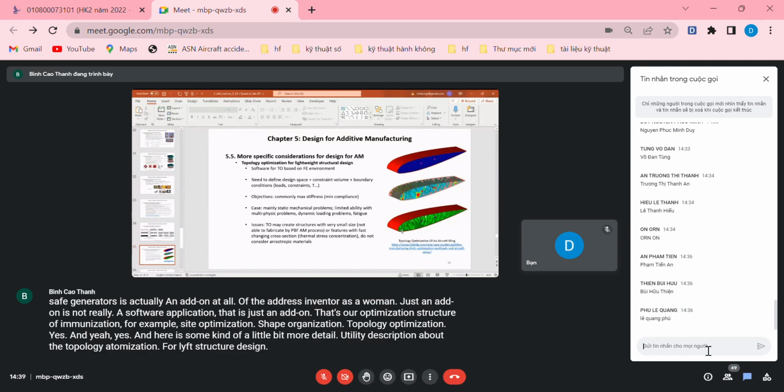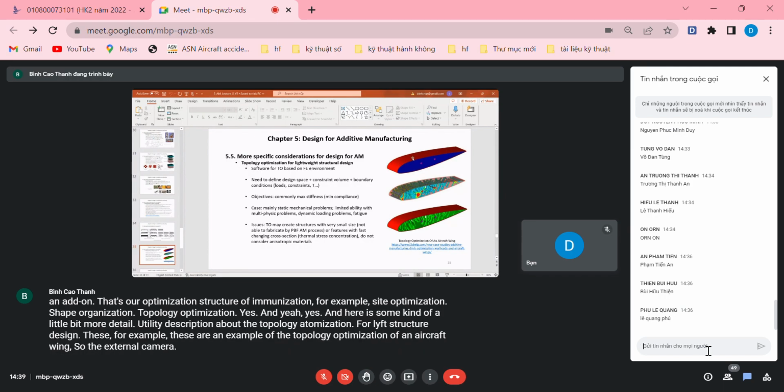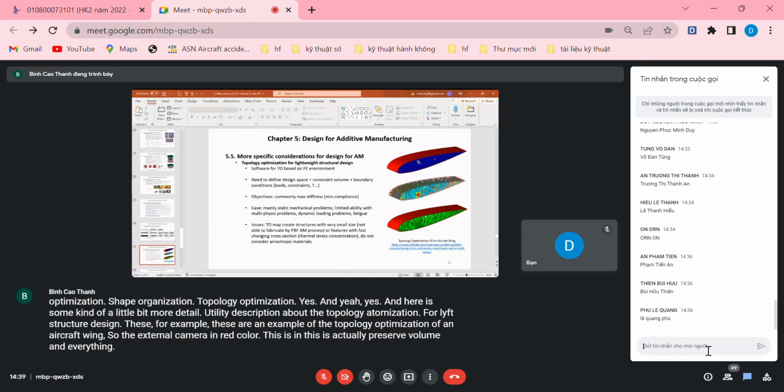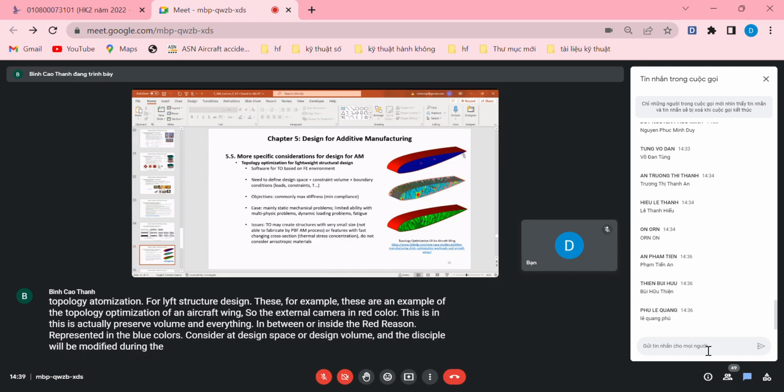This is an example of topology optimization of an aircraft wing. The external cover in red color is the preserved volume, and everything inside the red region, represented in blue, is considered the design space or design volume. The design volume will be modified during the topology optimization run.